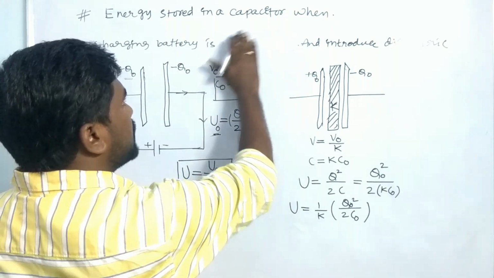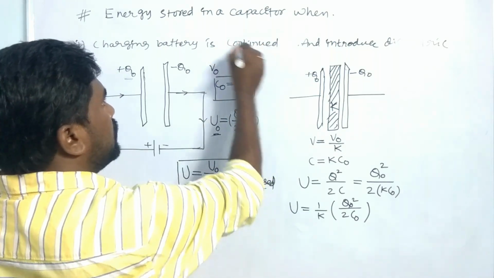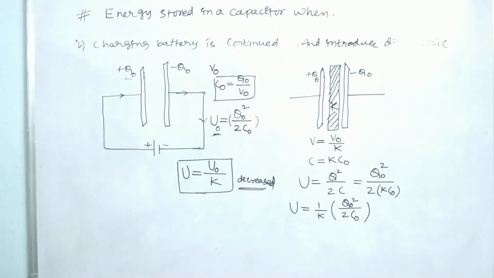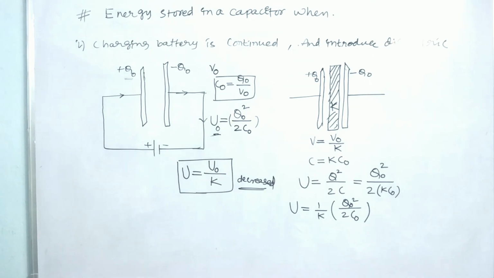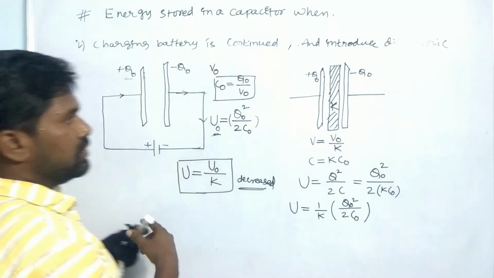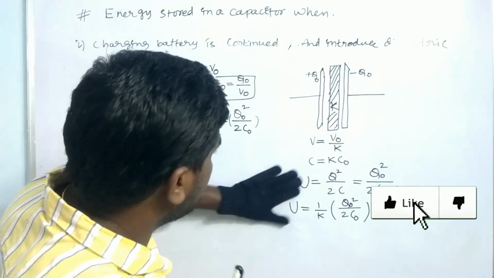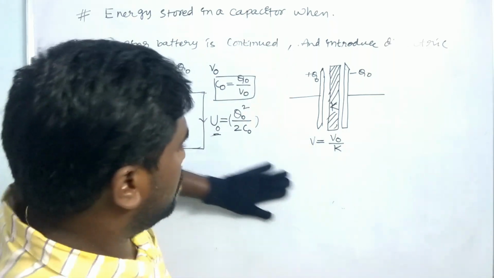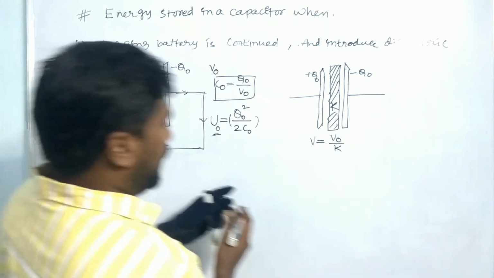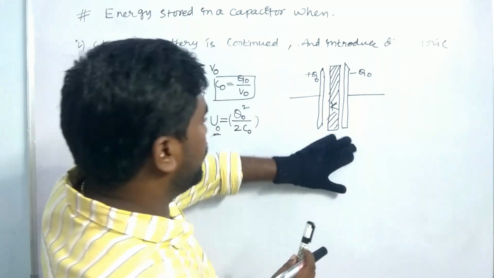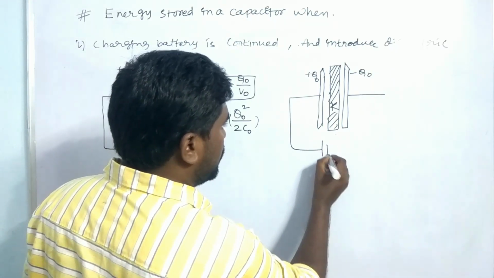The charging battery is continued and the dielectric is introduced. So what is the change here? Let us see. Here there is a battery, and the battery is continued in the circuit.